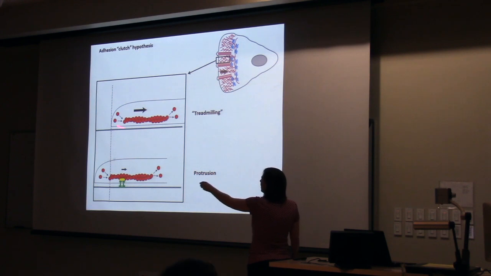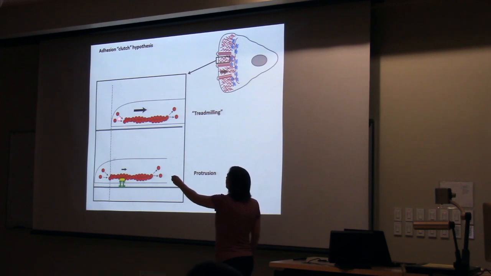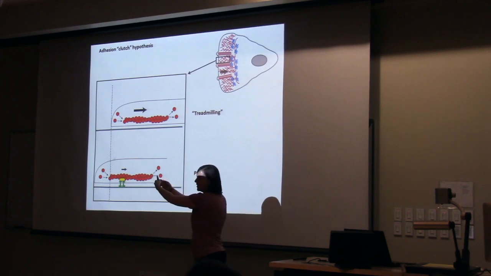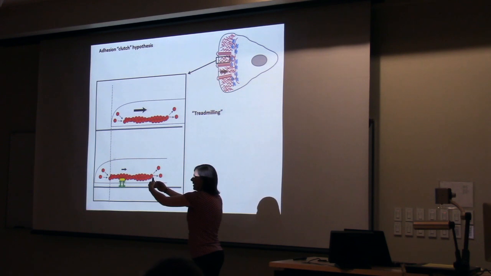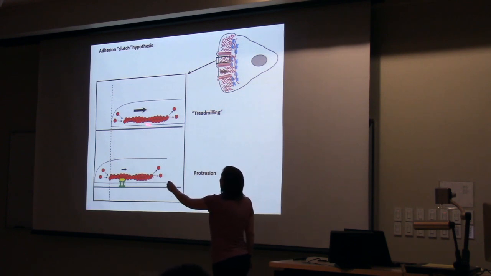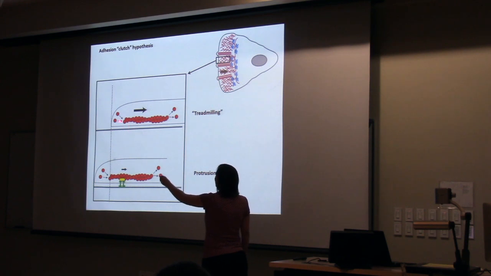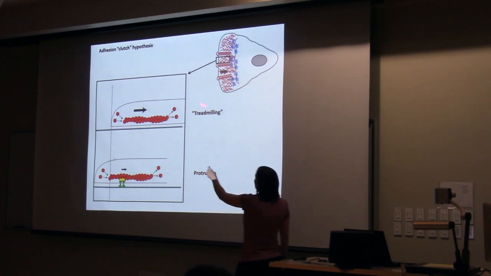Now, if this network is not adhered to the surface, then think about what will happen as it grows on this end. It will grow, and then it pushes up against the leading edge like a barrier, and Newton's third law says that the leading edge is pushing back on it. So it pushes that network away from the leading edge. And without any traction to counter that force, it's just going to slide away from the leading edge just as fast as it's growing. So this situation is sometimes referred to as treadmilling.